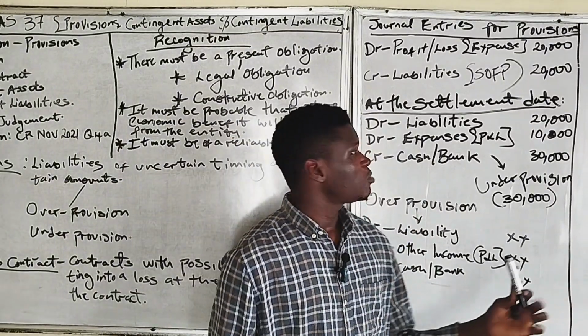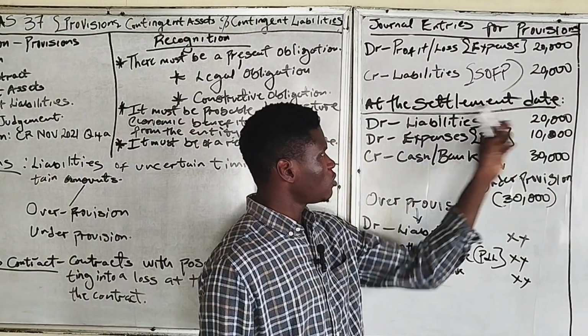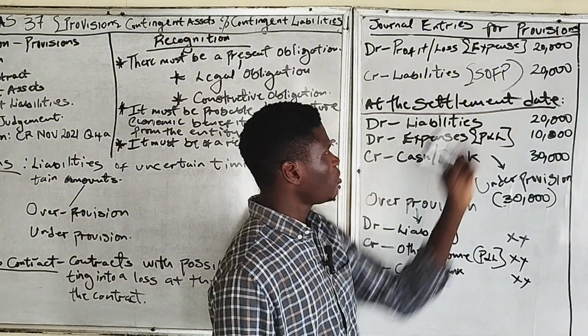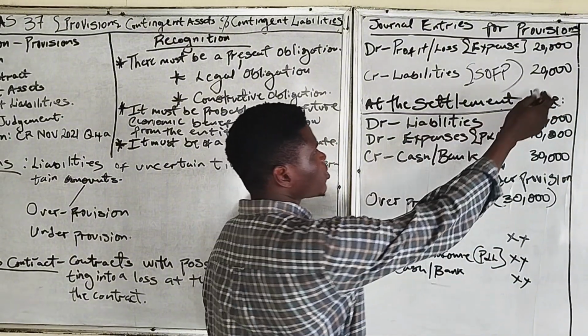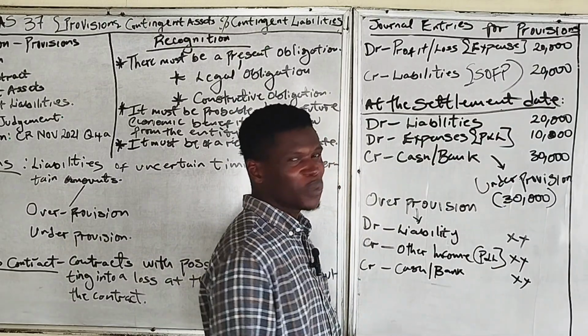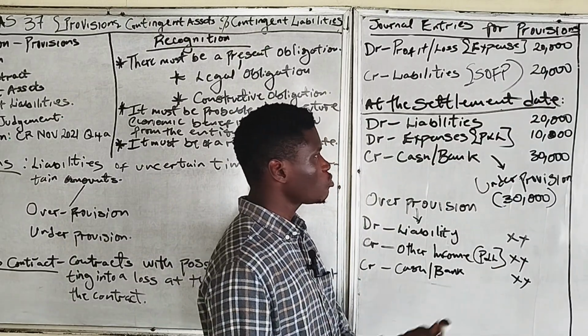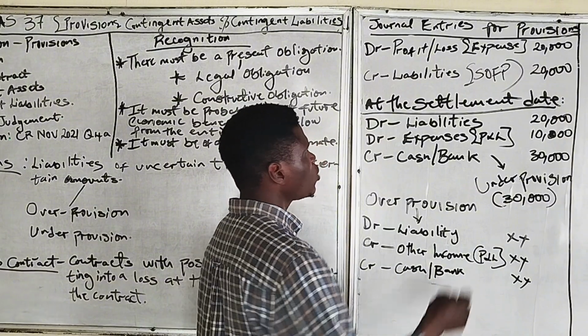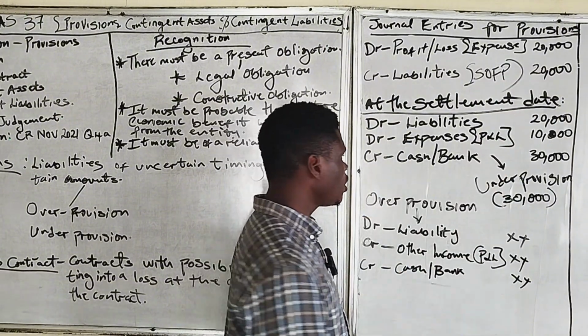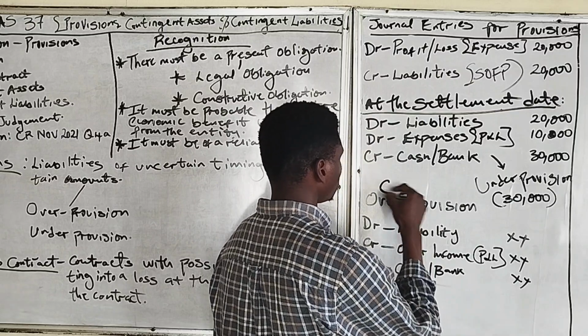Let's now assume that at the date of settlement, we are to pay 15,000. Remember that we provided 20,000 for this obligation. So the court now asks us to pay 15,000 for settlement of the same obligation. It means we have over provided for that obligation, which is an over provision.